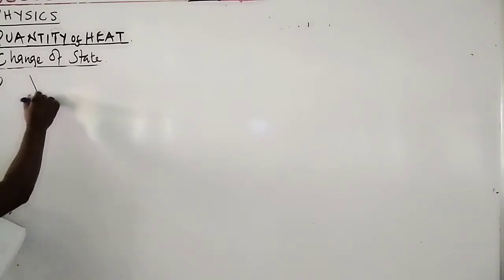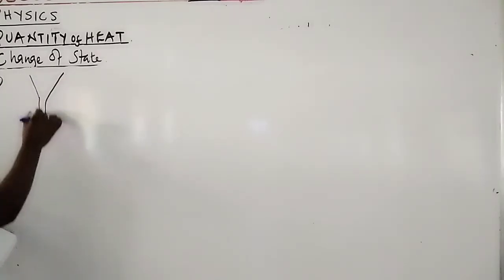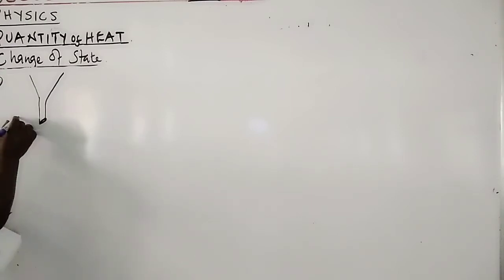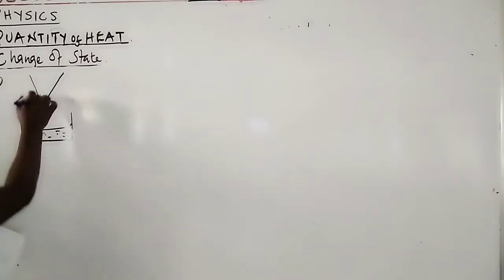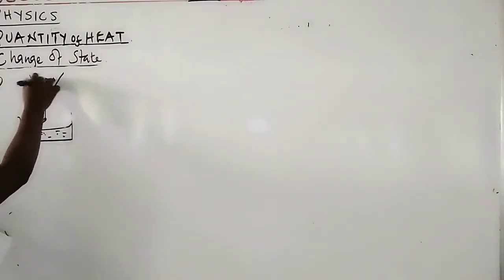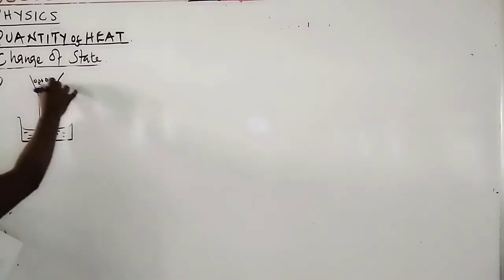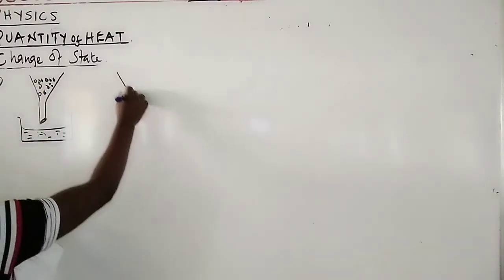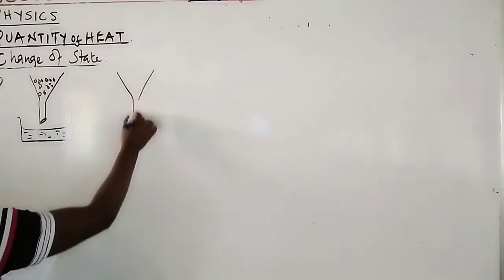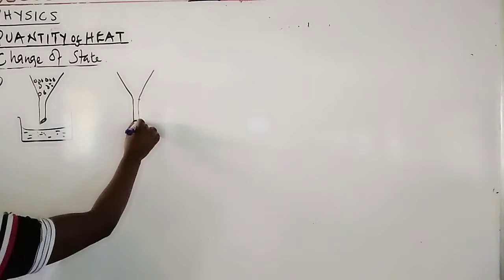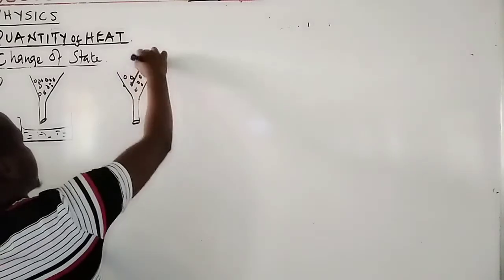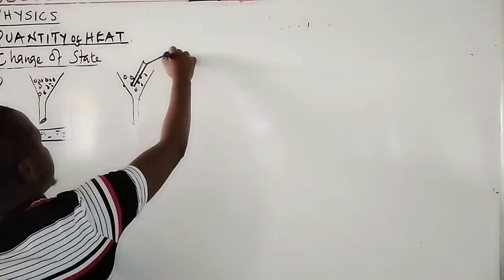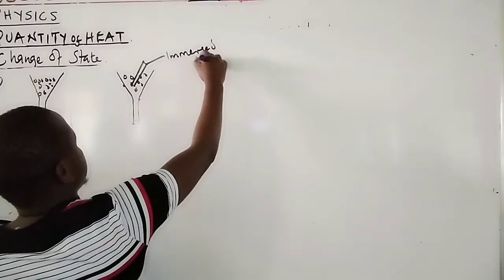Two funnels, A and B, contain crushed ice at 0 degrees Celsius. Therefore we have a funnel here, so water is collected here once ice has melted. This is crushed ice, and another funnel here, but in this one now, an immersed heater.